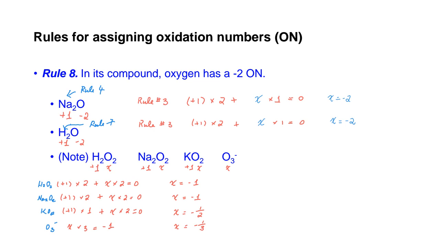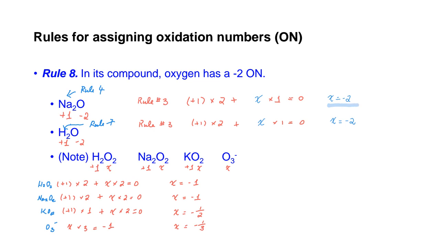In the case of sodium oxide, it is very clear that oxygen will have a -2 oxidation number. According to rule number 4, the oxidation number of sodium is +1, and if you try to determine the oxidation number of oxygen, we can easily figure it out. That is -2 in this case.